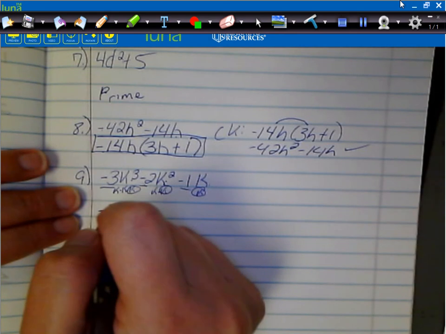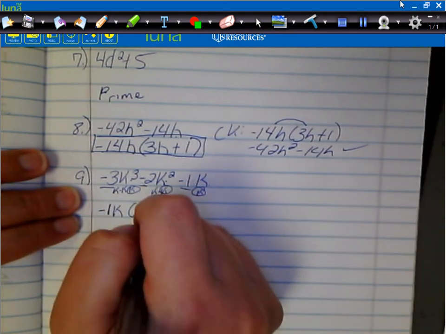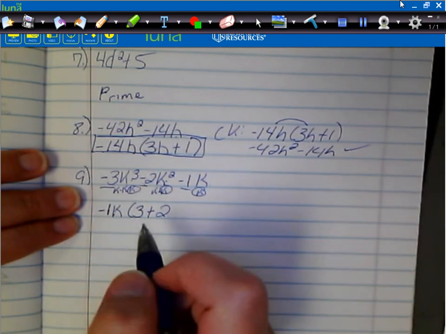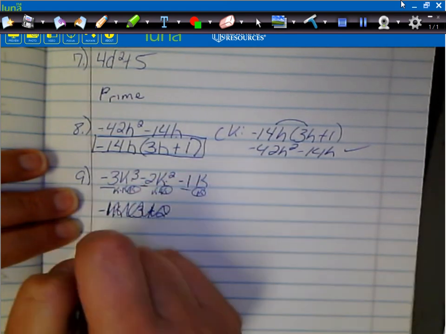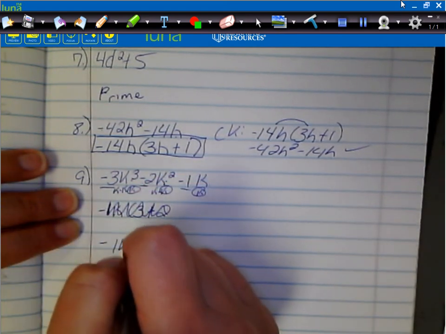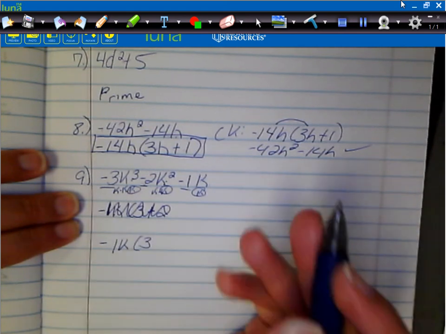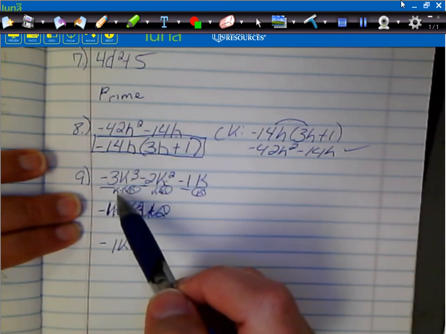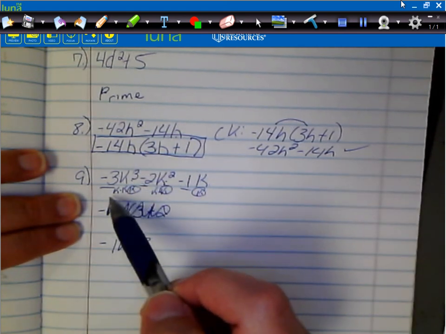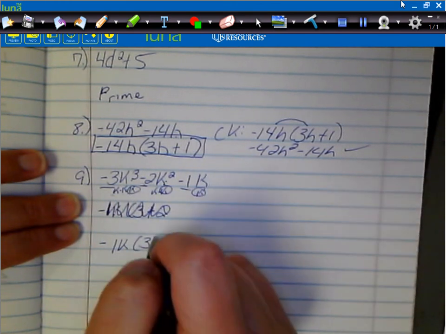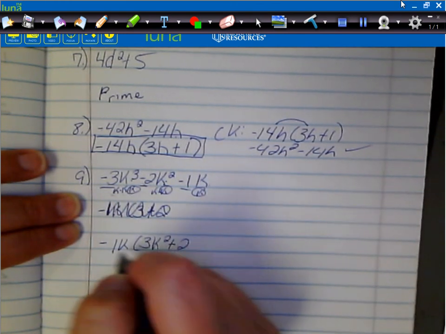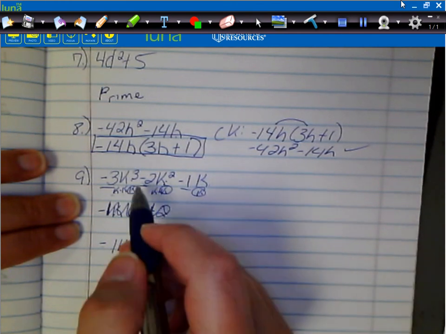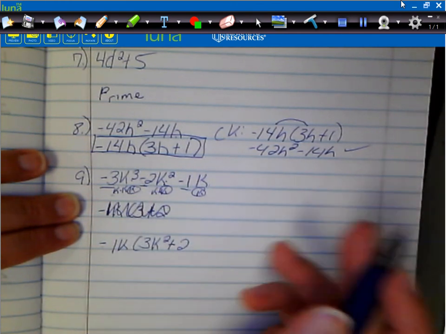So then we're going to say negative 1 times what is negative 2? Positive 2. Whoops. I messed up. Hold on. I take out a negative 1k, and I get 3. And like I said, I had 3 k's, and I took one of those k's out, so I have these 2 k's left, so that's k squared plus 2, because negative 1 times 2 is negative 2, or negative 2 divided by negative 1 is 2.